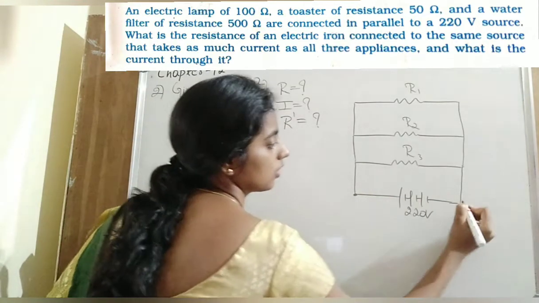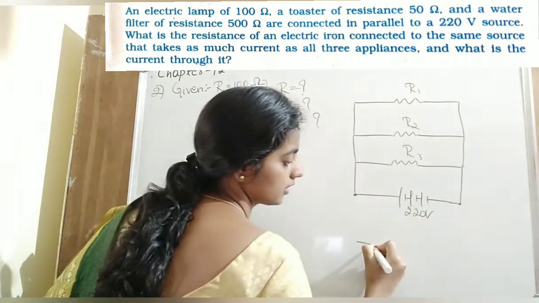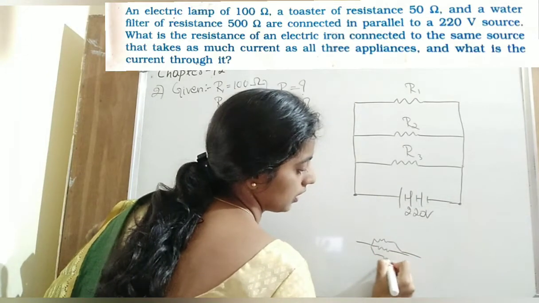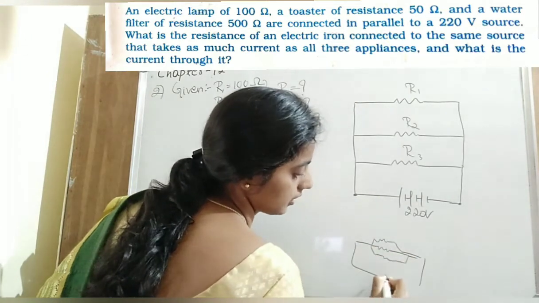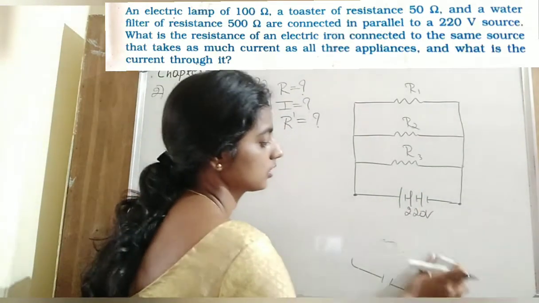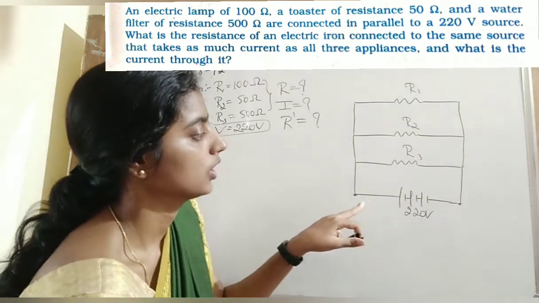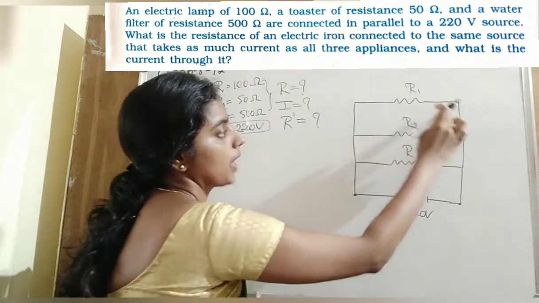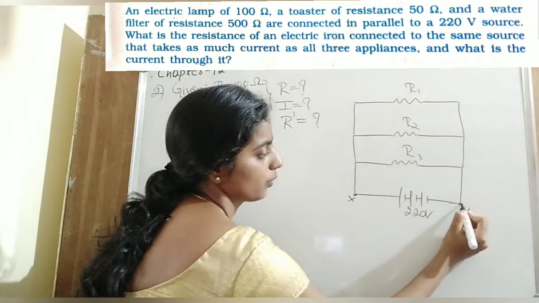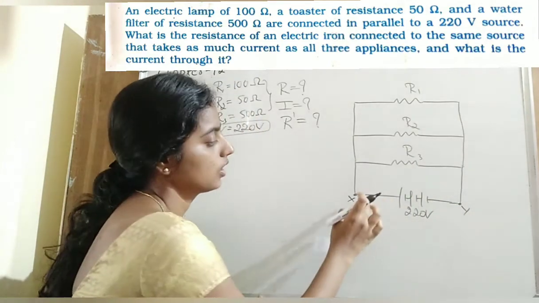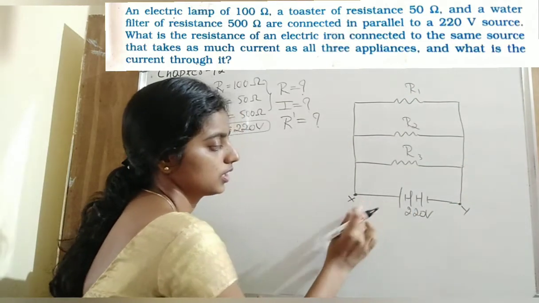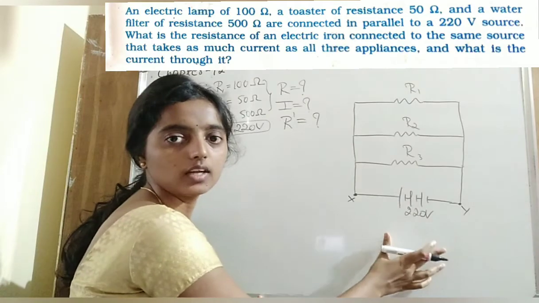We can write this like this also, and like this. Later we can connect this to the battery here. Just we need this much for this problem. So here, see, these parallel circuits are connected to X and Y terminals. So we can say that these resistors are connected to the same terminal, which is the definition of parallel resistors.